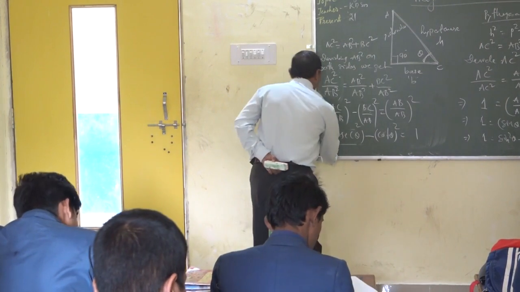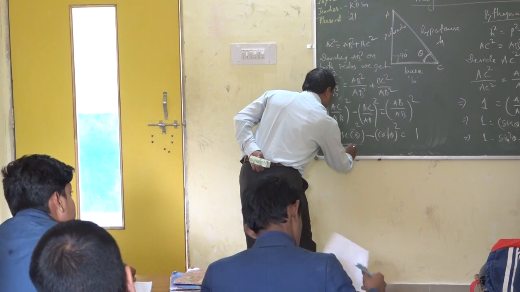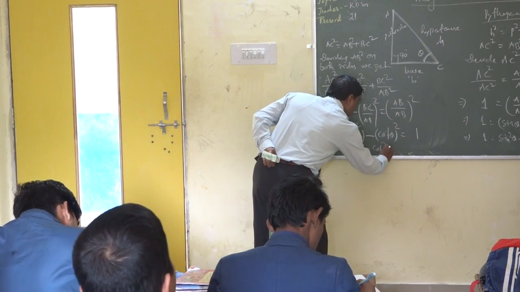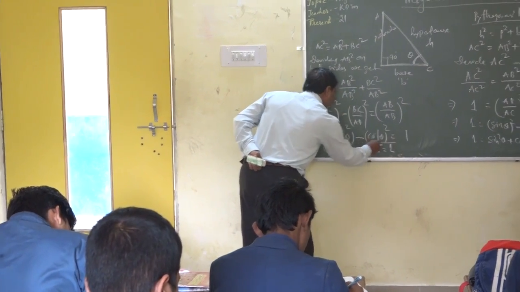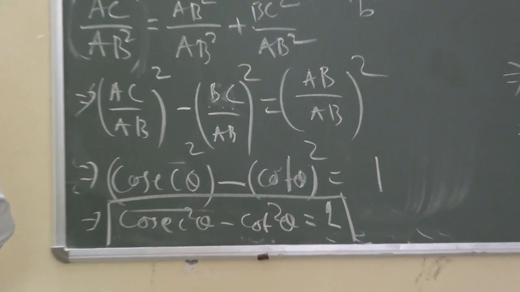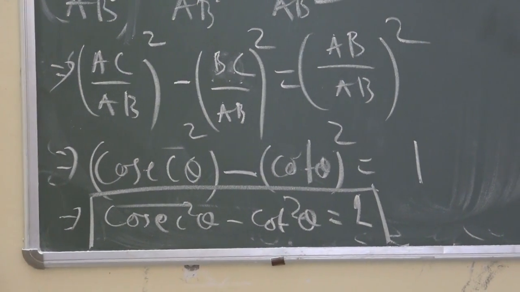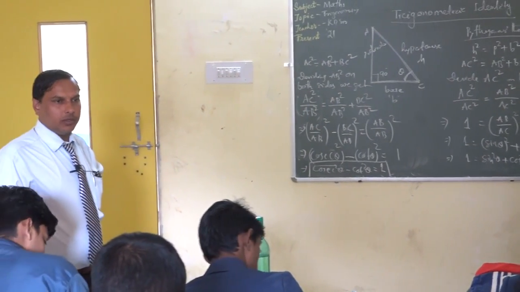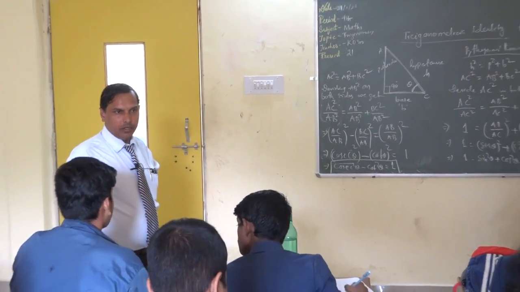So you get the next identity: cosec square theta minus cot square theta is equal to 1. Clear all of you? All have written it. Got it?